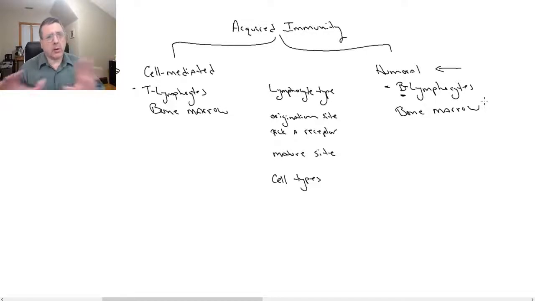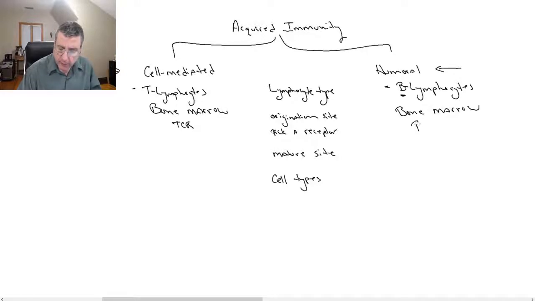Don't worry about it, just an introduction on this one. But they pick a receptor, and for the T cell, it's the T cell receptor, or TCR. For the B lymphocytes, it's the BCR, the B cell receptor. This one actually is going to end up being an antibody. We'll get into the B cells in a different video.